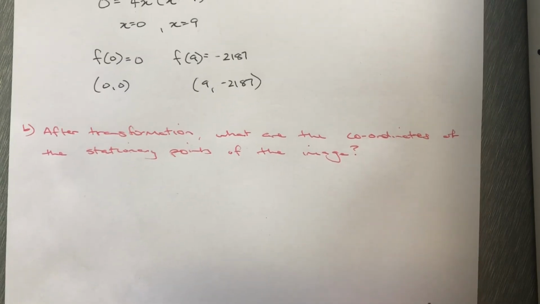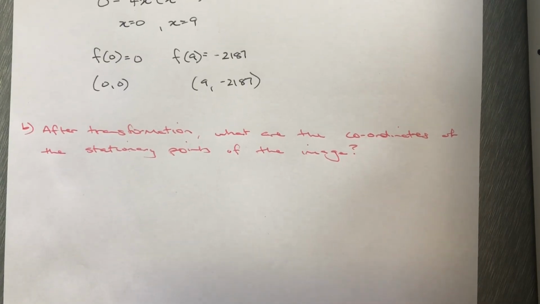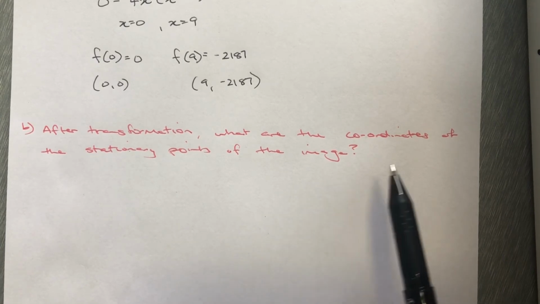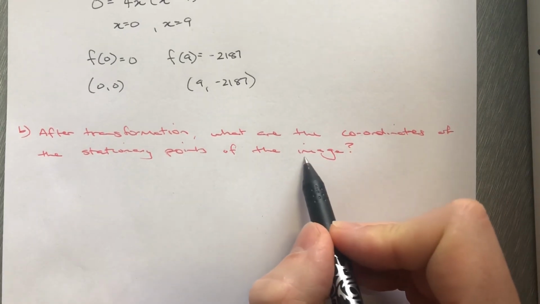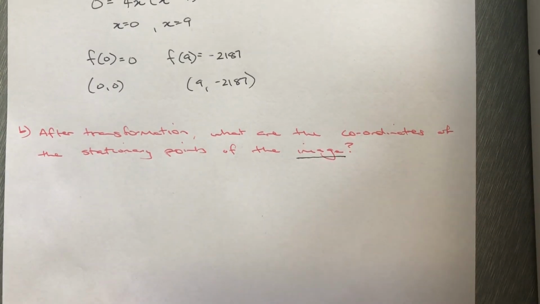Now B, after transformation. So remember, we were moving a units to the right and b units up. What are the coordinates of the stationary points of the image? Now, whenever you see the word image, that means the rule or the graph or any points on the line or the curve after it's been translated.